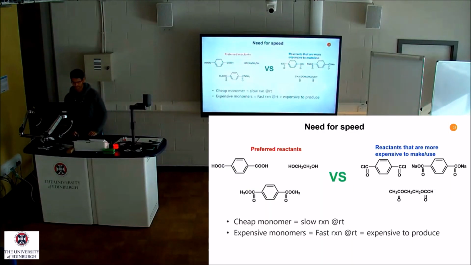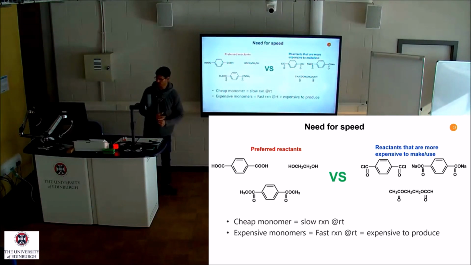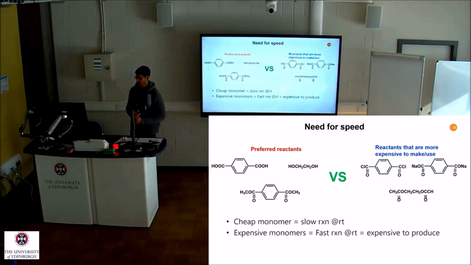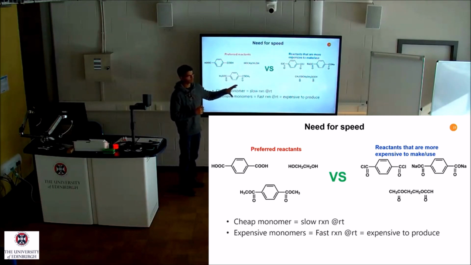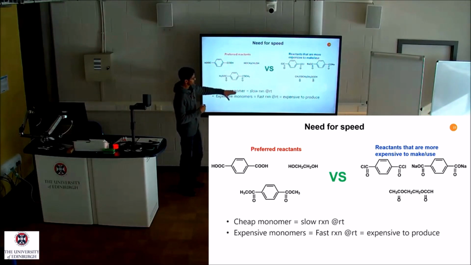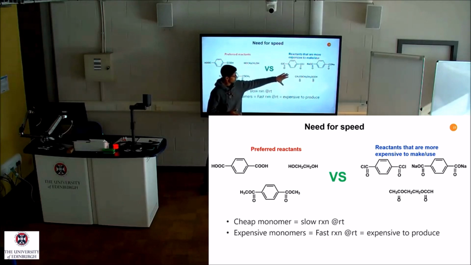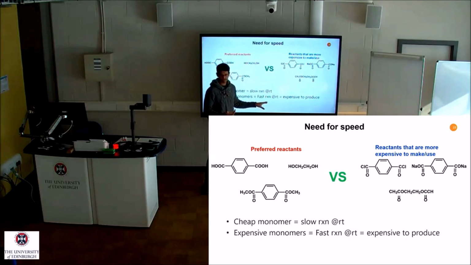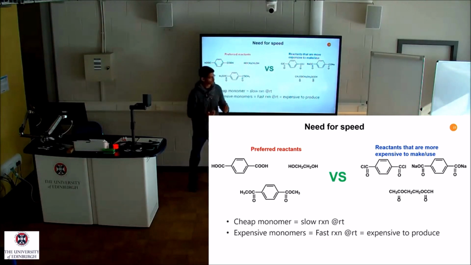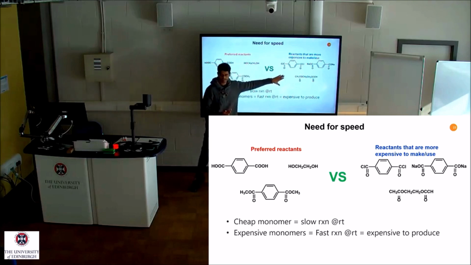Okay. So this is the slide from Sam. I think you already understand what I wanted to say. If you have a choice of two different types of monomer, one is cheaper and usually gives a slower reaction at room temperature, and the other is a more reactive monomer which is also expensive, but much faster. Now we have a choice which one to choose. Shall I go for the cheaper one or the expensive one?